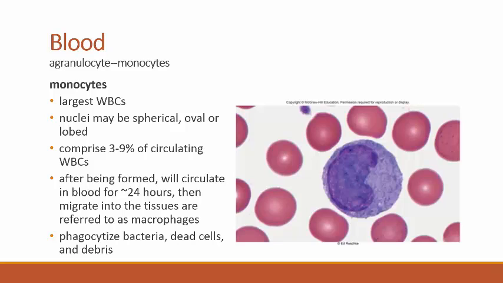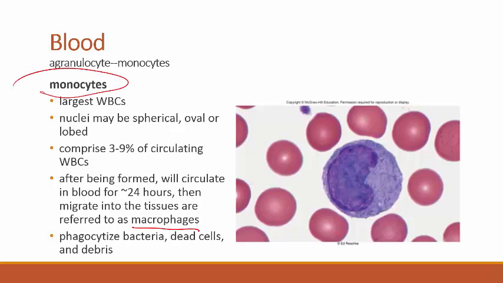So when we first found them in the tissues, we saw this large wandering phagocytic cell and called it a macrophage. So that name change is because we didn't recognize at first that these two different cells were actually the same cell.